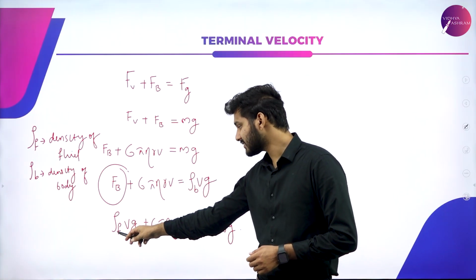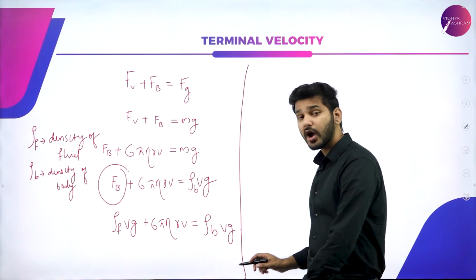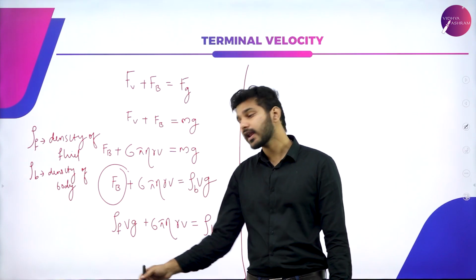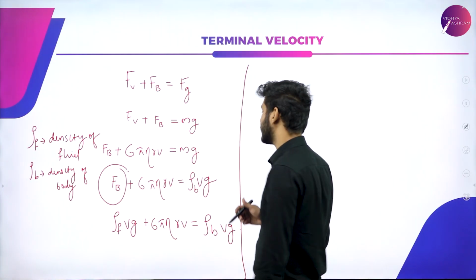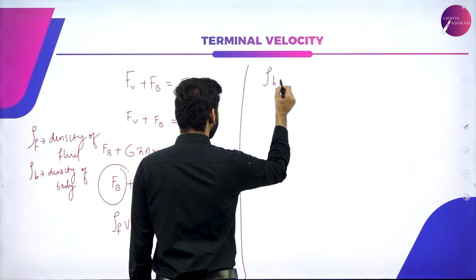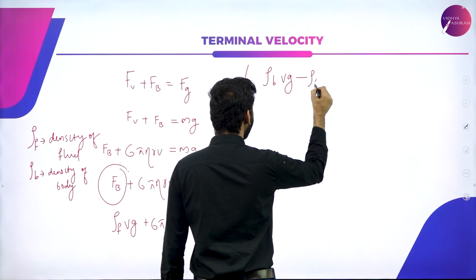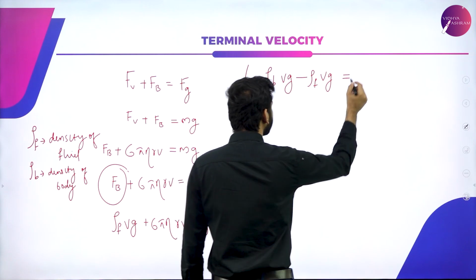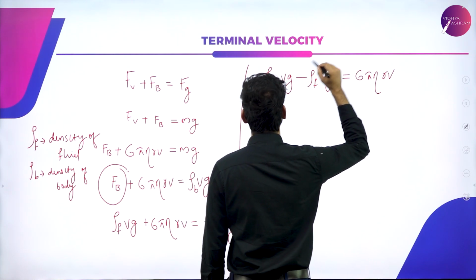So don't confuse this rho F and rho B. They are different quantities. Now I'll do one more thing, that is arrange all the rho V terms on one side and take the silly looking term onto the other side. Then I can write it as rho B Vg minus rho F Vg is equal to 6 pi eta Rv.